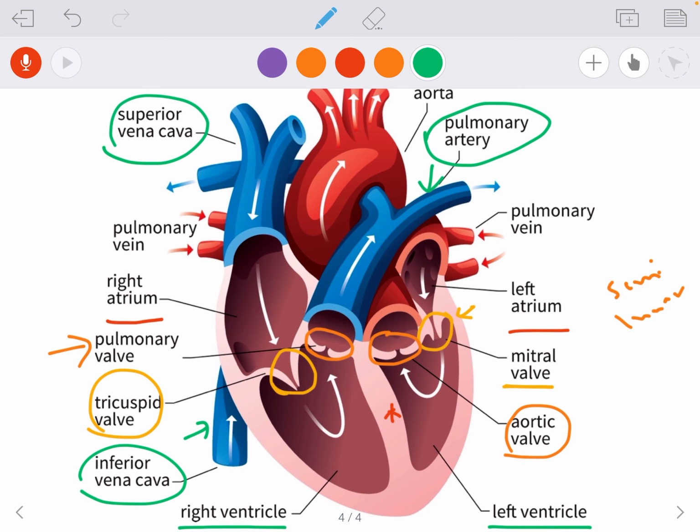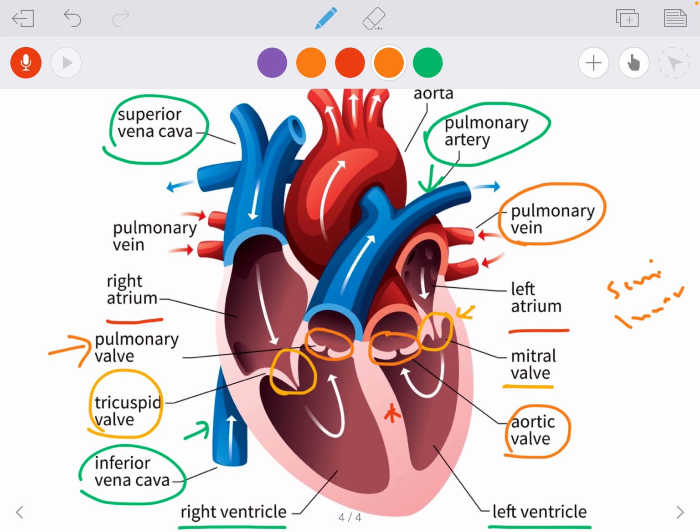There are other vessels like pulmonary vein. You see, pulmonary vein, unlike other veins which carry deoxygenated blood, pulmonary veins supply the heart with oxygenated blood, because they come from the lungs, and in the lungs there is the process of gas exchange. The blood is oxygenated and then it is delivered to the heart.